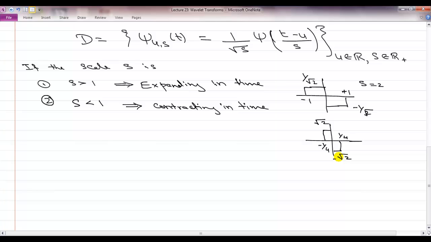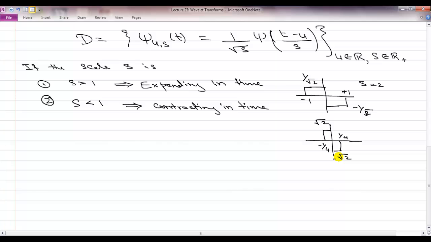So let's say u equals 20, your wavelet has moved to time 20, and since it's localized in time, it has certain just small support, you are effectively analyzing that portion of your signal. So that's the time localization property of the wavelet. Okay, we'll look at it more formally.